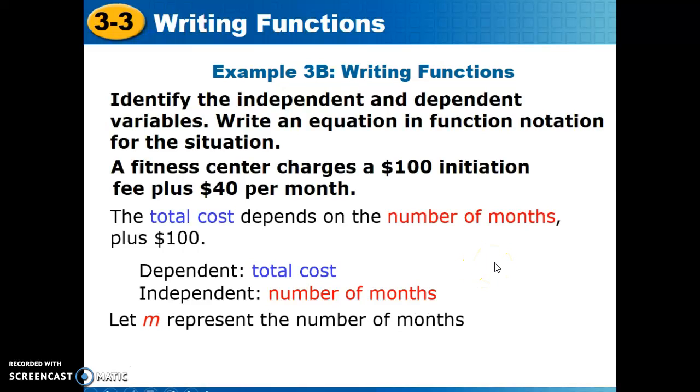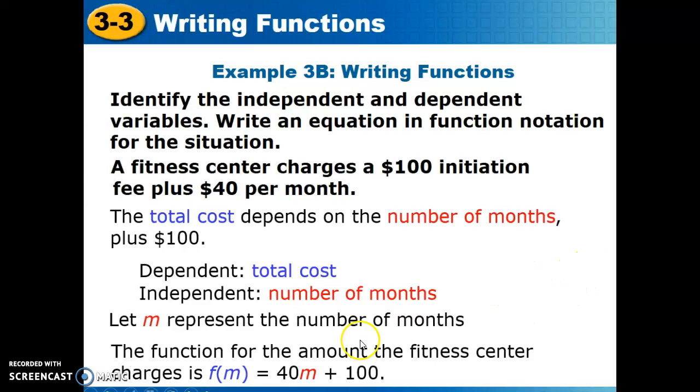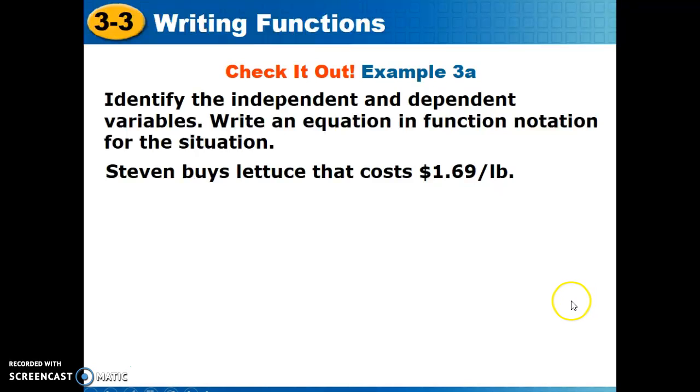Let M represent the number of months. So the cost is a function of the number of months. The function for the amount the fitness center charges is f of m, 40 per month plus 100. The function notation: f of m equals 40m plus 100.